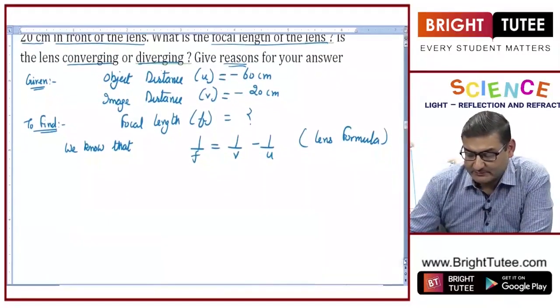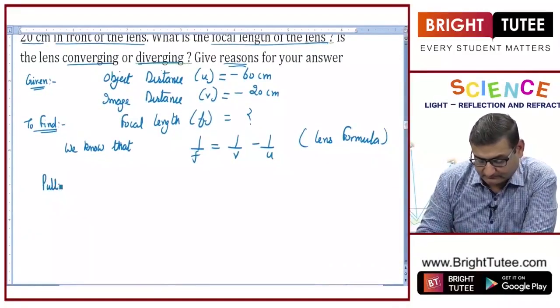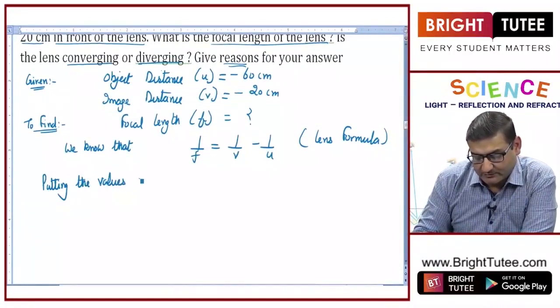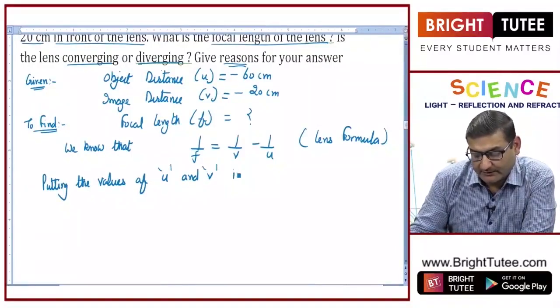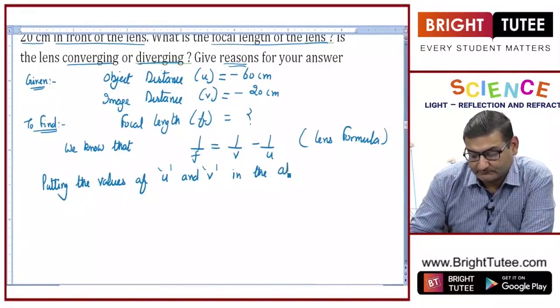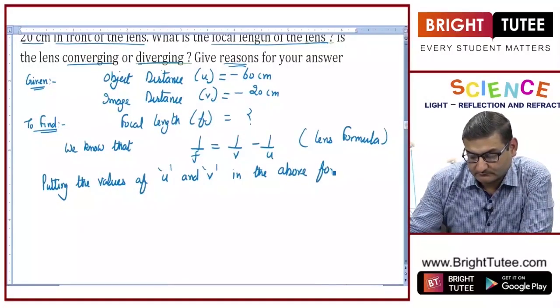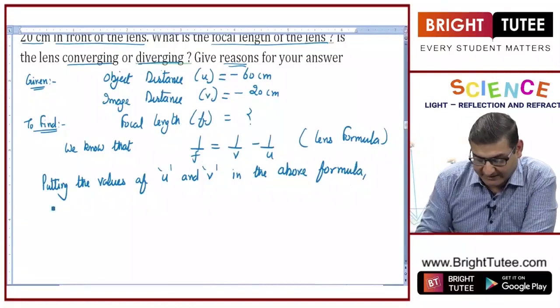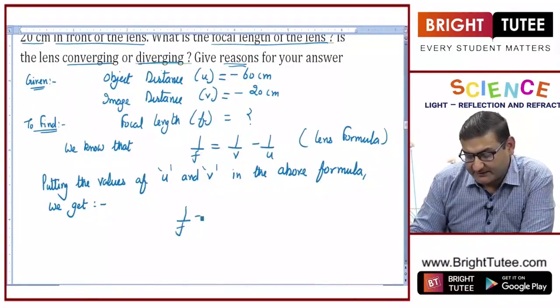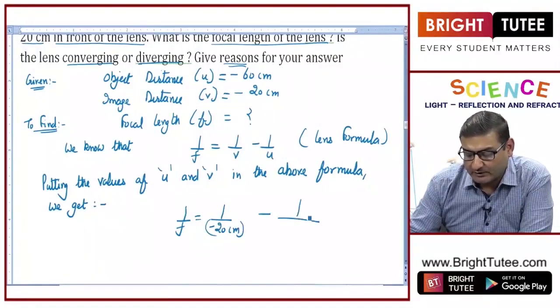So putting the values of u and v in the above formula, we get 1 by f is equal to 1 upon v, which is given to be minus 20 centimeters, minus 1 upon u, which is given to be minus 60 centimeters.